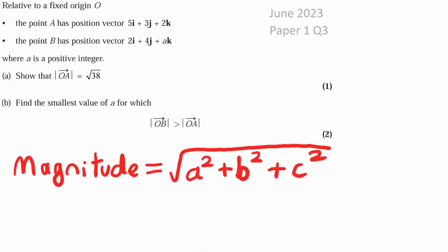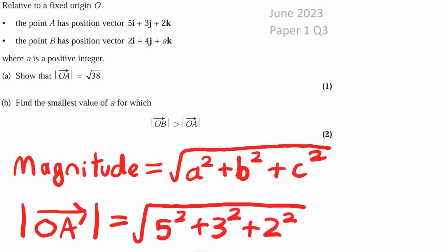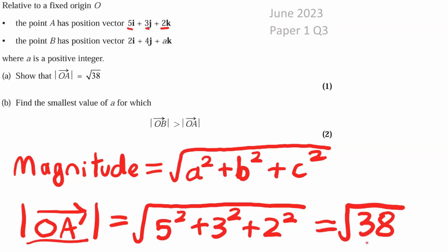So remember, to get the magnitude, we do a squared plus b squared plus c squared, and then take the square root, where a, b, and c are the coefficients of i, j, and k. So the magnitude of OA is the square root of 5 squared plus 3 squared plus 2 squared. If you put this into a calculator, it's equal to root 38. So the magnitude of the position vector OA is root 38.